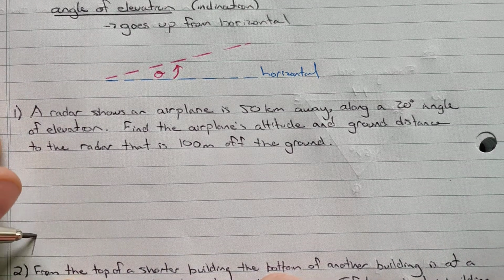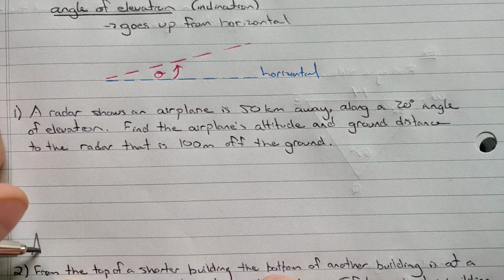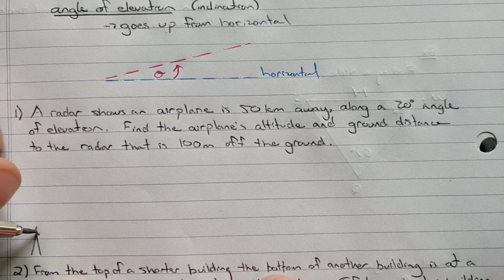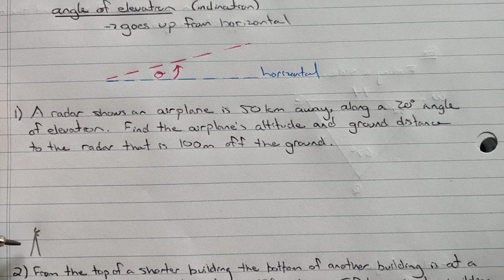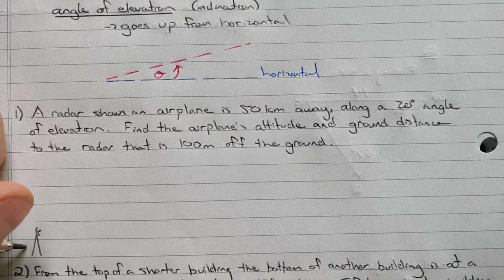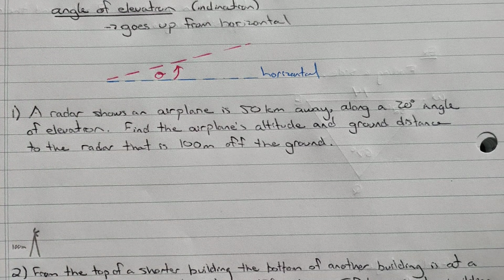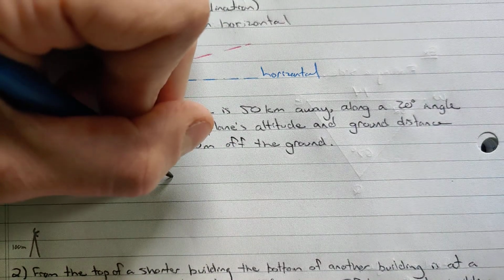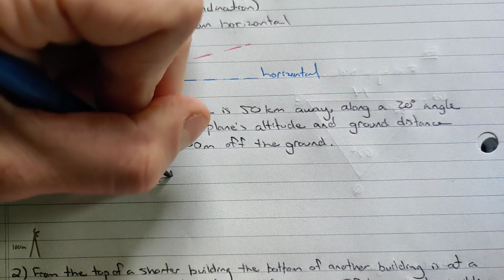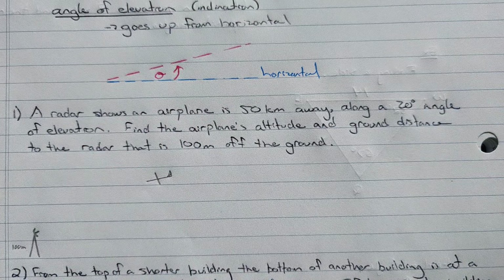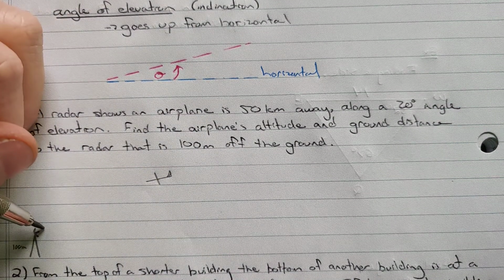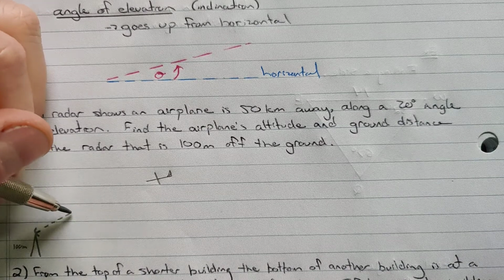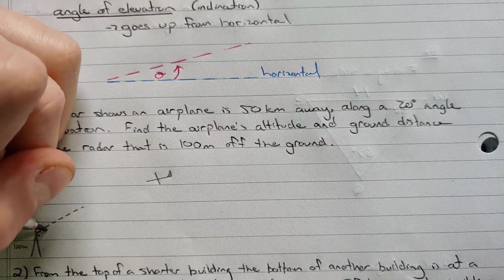So I got this radar tower or something, I don't know, the radar's up here like that somewhere. It's about 100 meters off the ground. And then I got an airplane up here somewhere, my fancy airplane. Now, the airplane is 50 kilometers away at an angle of elevation.